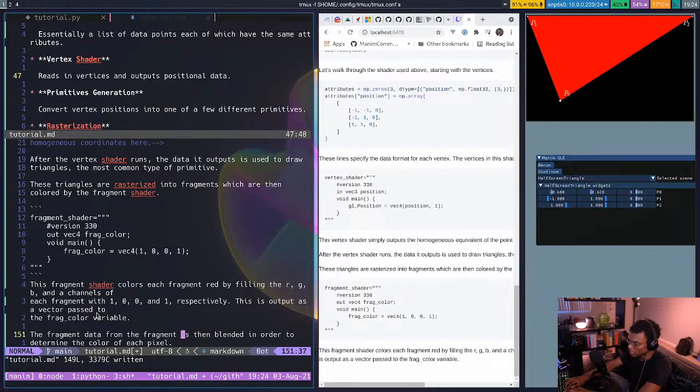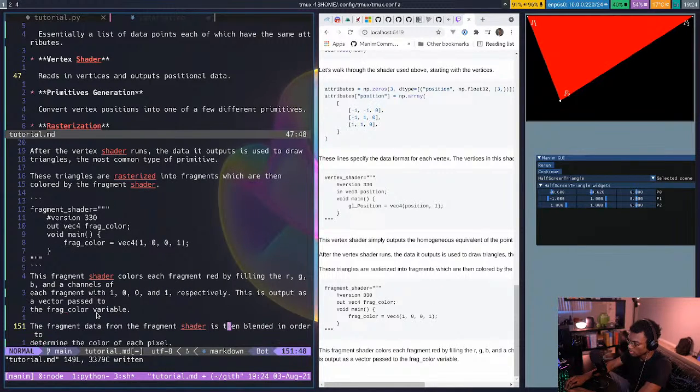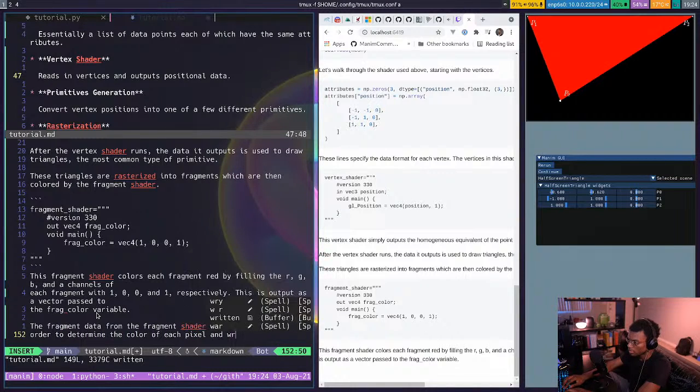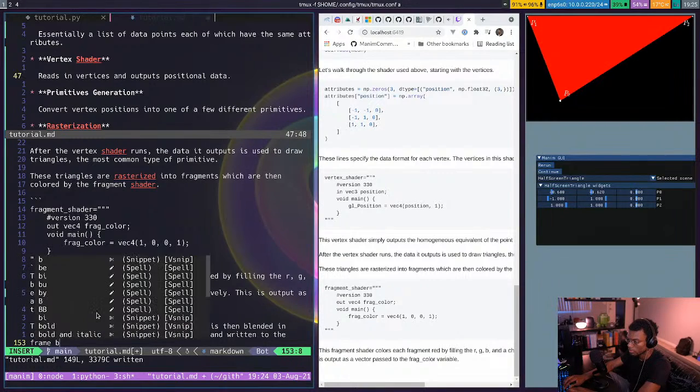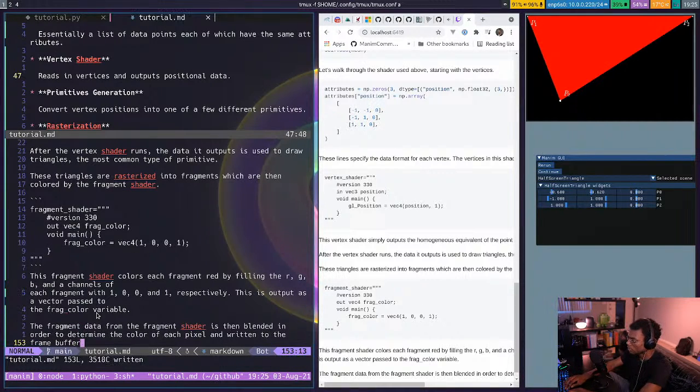Fragment data from the fragment shader is then blended in order to determine the color of each pixel and written to the frame buffer. Okay.